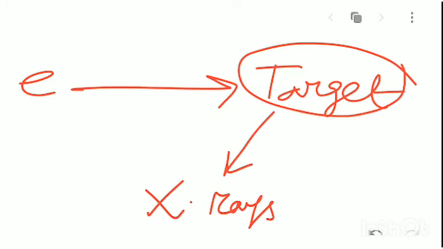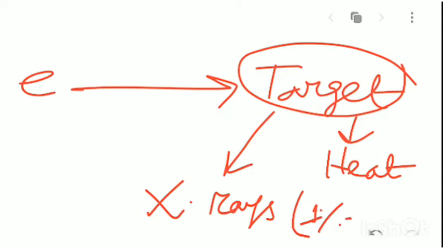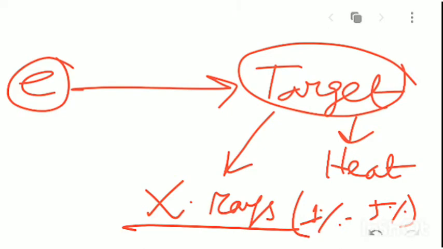Though most of it is emitted as heat, which is more than 95%, and X-rays are actually 1% to 5% of the total energy it gets. So basically, the electron gives some energy to the target, and the target emits that energy in the form of X-rays we observe.